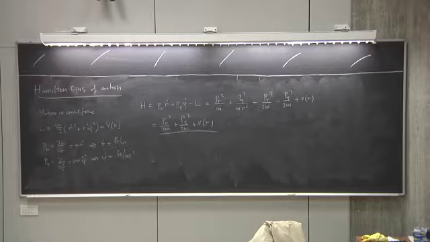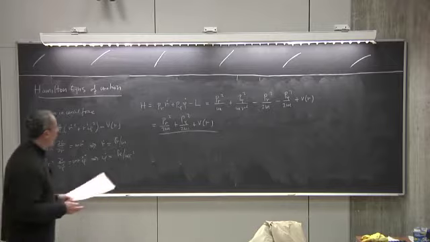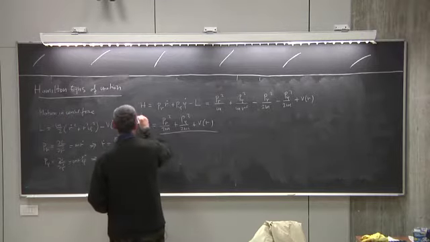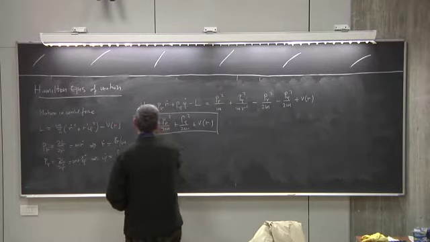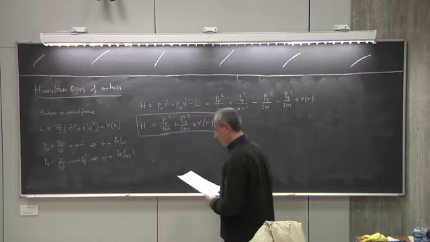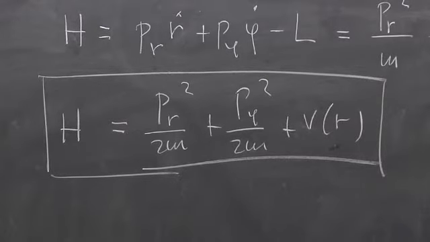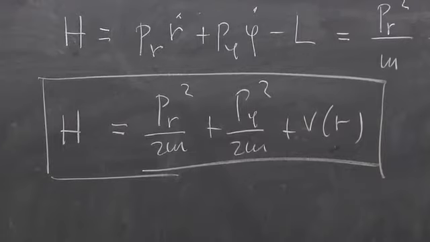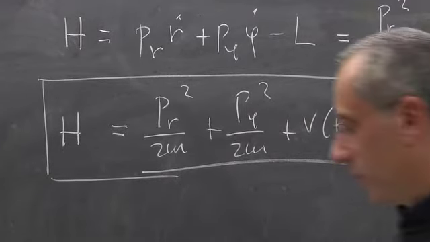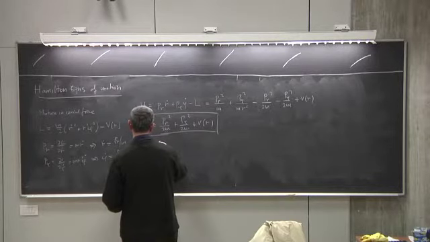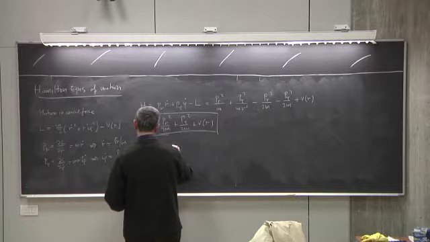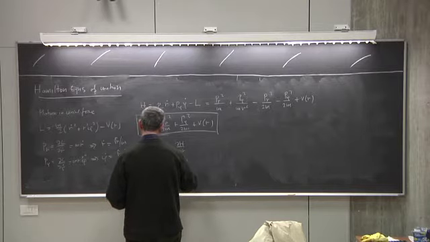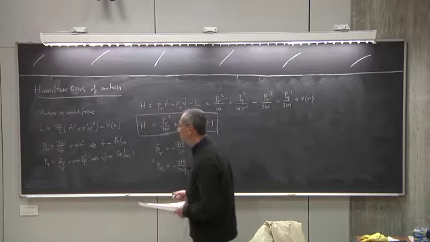How about the equations now? Well, now I have the Hamiltonian. This is the Hamiltonian for a particle in a central force. And I know that the Hamilton equations are p_r dot equals minus dH/dr, right? And p_phi dot is equal to minus dH/d phi, right? How about the other two?